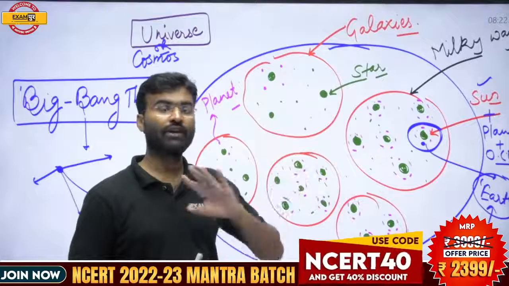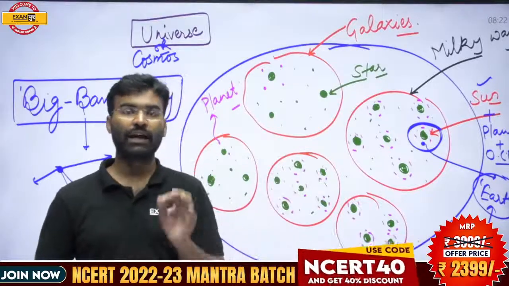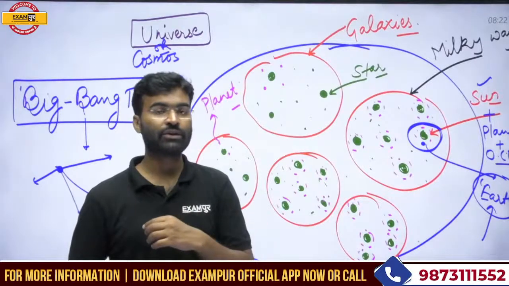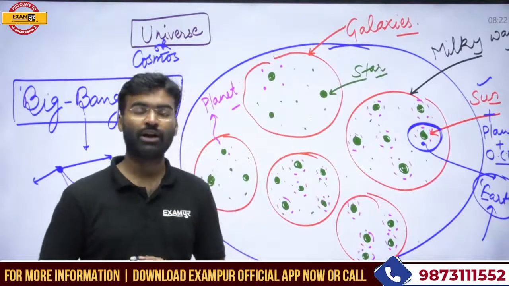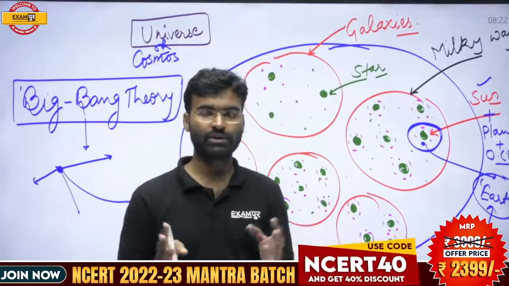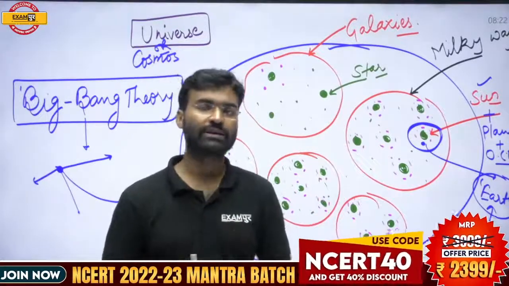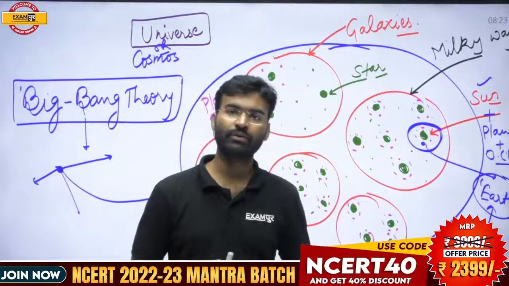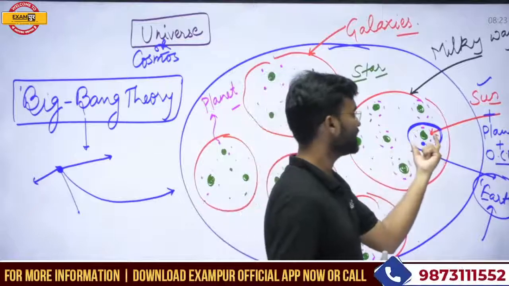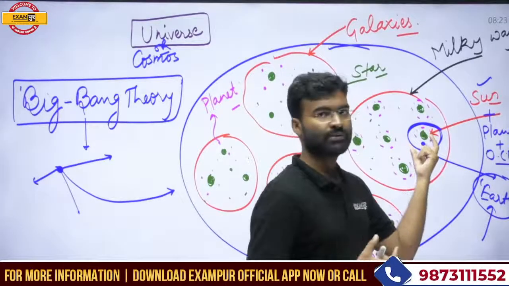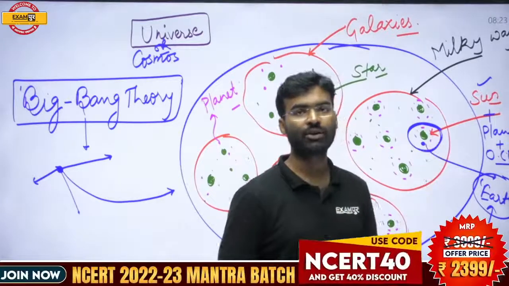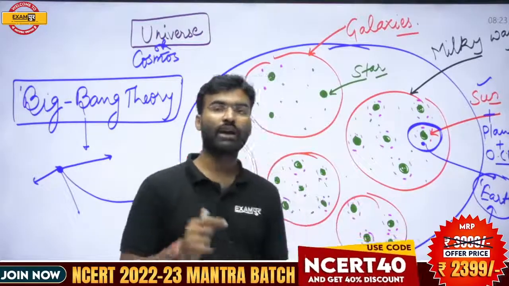That is why we never scientifically deny the existence of aliens, because at the present time we have not explored the entire cosmos, the entire universe. We are limited to this area, and that is why we cannot give a clear decision on the existence of aliens.